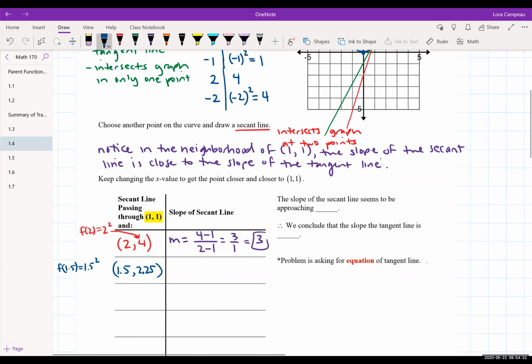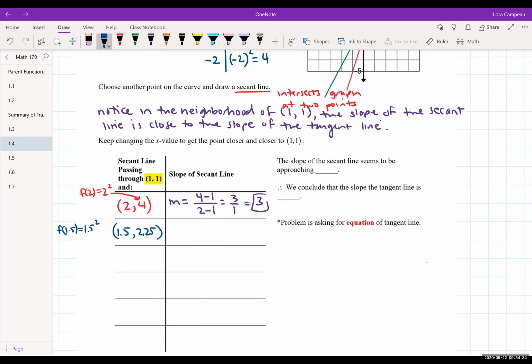So again, with the slope, we're going to calculate the differences of the y's over the differences of the x's. I'm starting with the point I just wrote down. I have 2.25 minus 1 over 1.5 minus 1. With a little bit of computation, I should have 1.25 over 0.5.